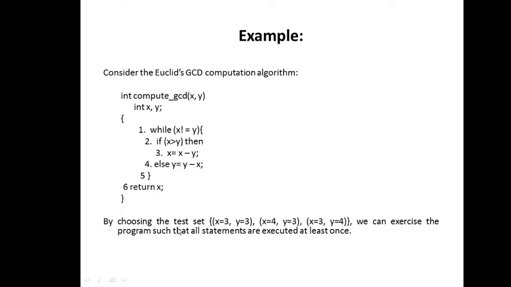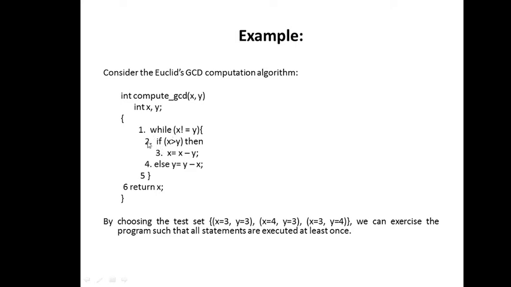Now, how many test cases will be required? The minimum number of test cases required to check each and every statement. Three test cases will be sufficient to check each and every line. The first one is x equals 3 and y equals 3. I have numbered these statements, and whenever we prepare test cases, we only take the logical part.